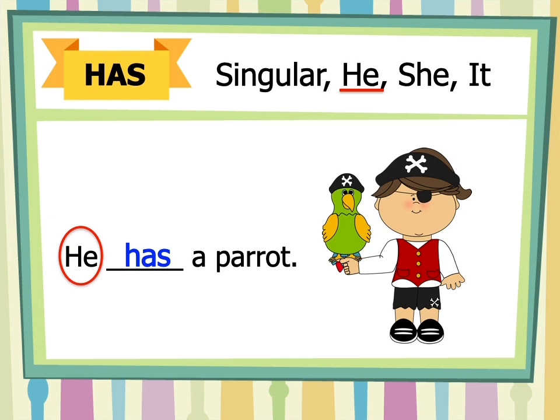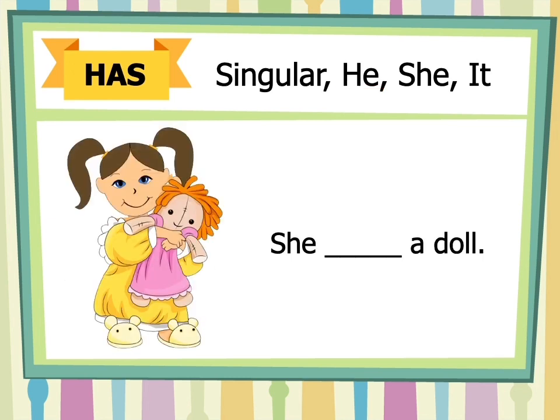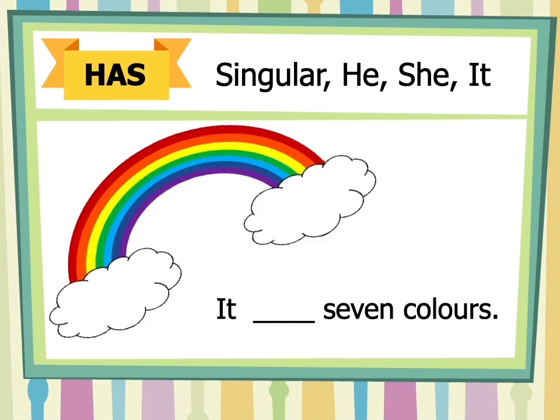He has a parrot. She dash a doll. Here we have she in this sentence. Look at the rule box. She is there. So we will use has. She has a doll. Let us see the next sentence.